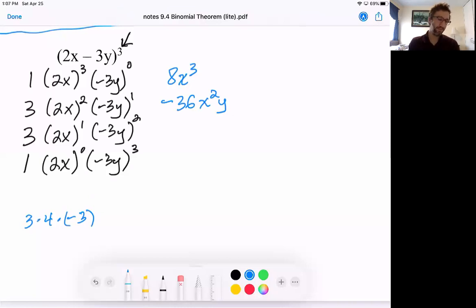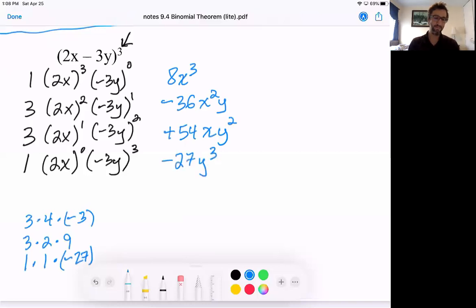And then the next term we have 3 times 2 to the first, which is 2, times negative 3 squared, which is 9. So that would be 27 times 2 is 54, positive 54, x to the first, y squared. And then lastly, we have a 1 times a negative 3 cubed, so negative 27 y cubed.